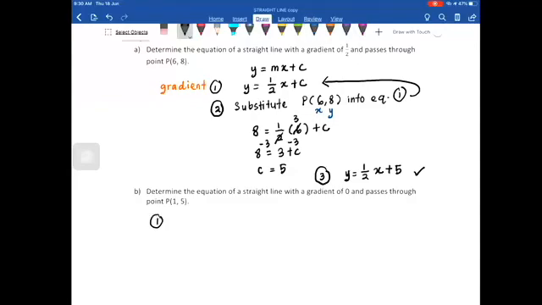Sebab gradient is 0, so m is equals to 0. So anything that multiplies with 0 becomes 0. So y is equals to c.